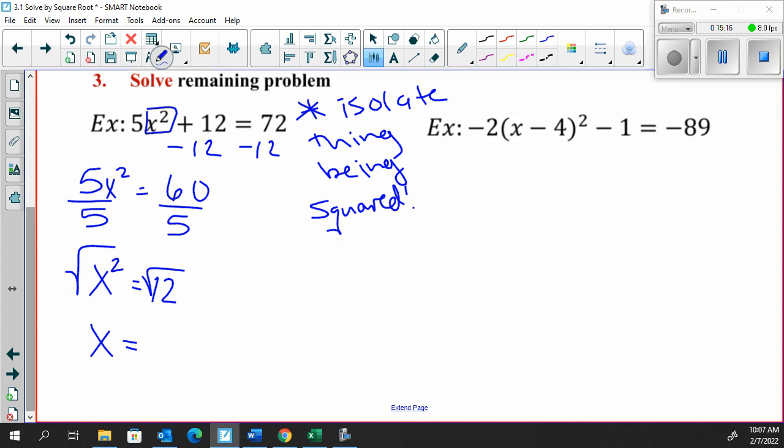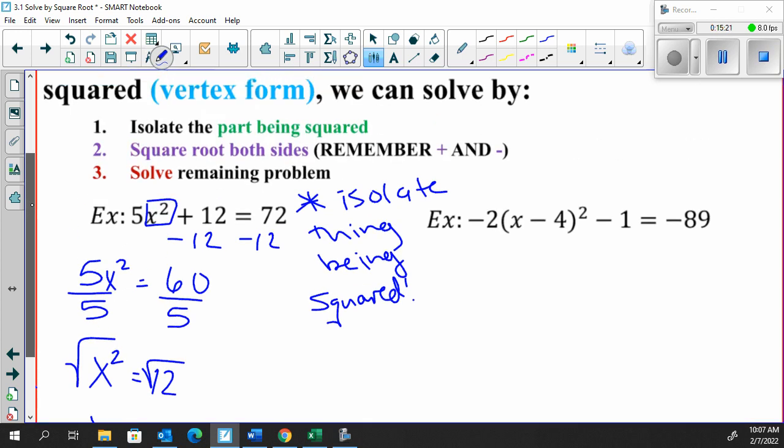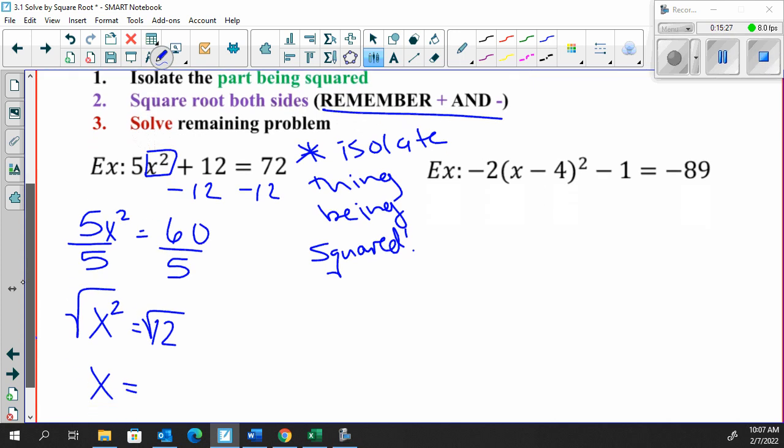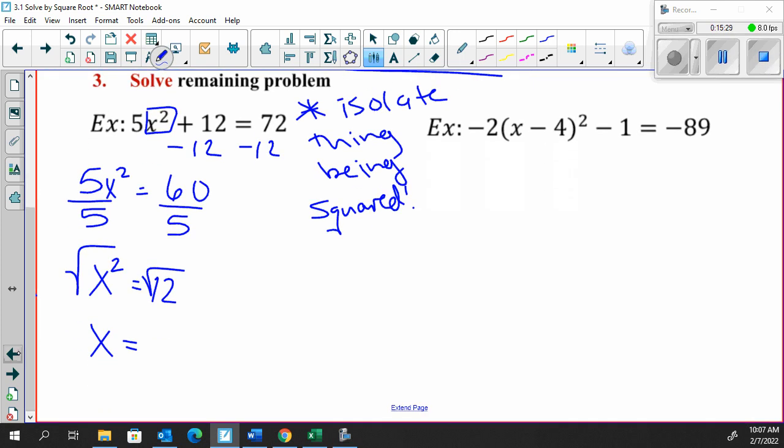But before we deal with that, I got to point something out to you. And it's this thing. Remember plus and minus. Here's what that means. Anytime you take a square root when you're solving, you have to add what we call a plus minus. So it's not just the square root of 12, it's plus minus square root of 12.